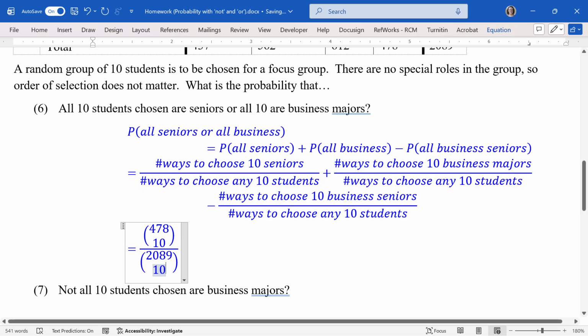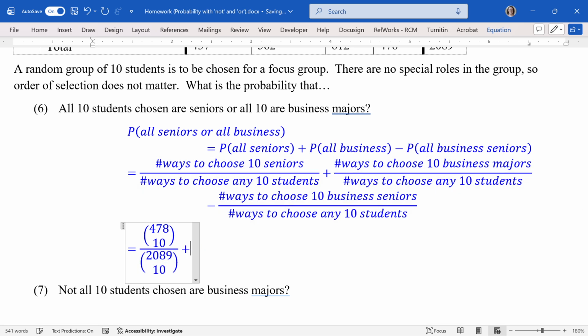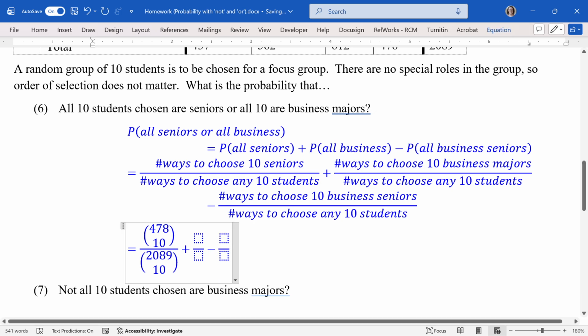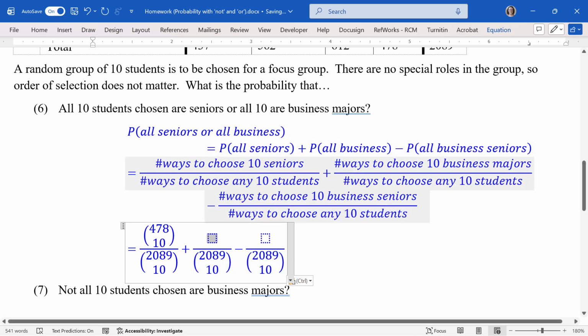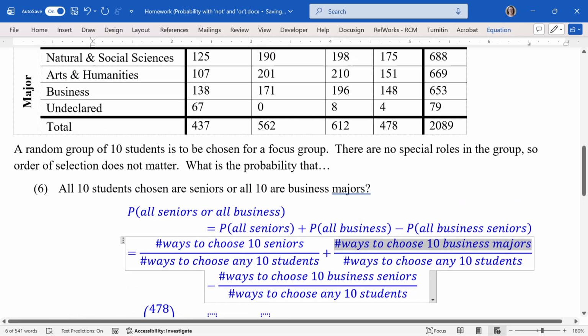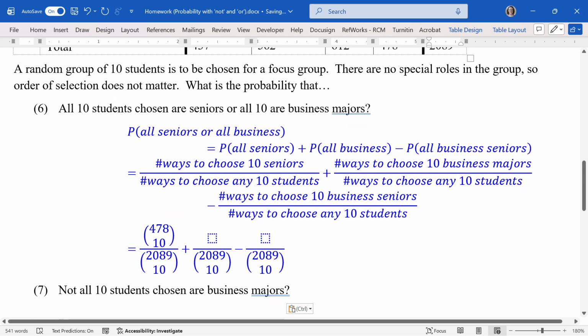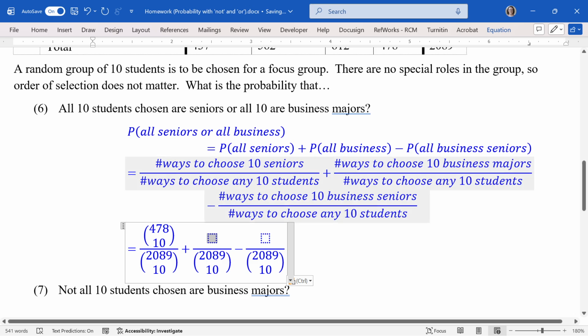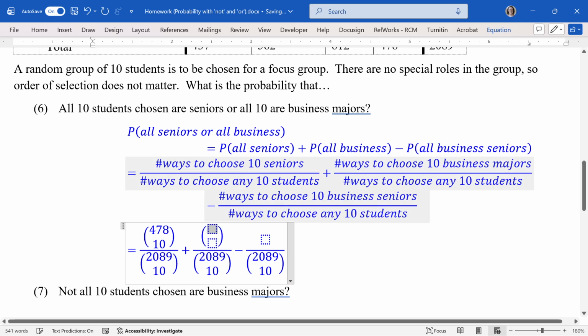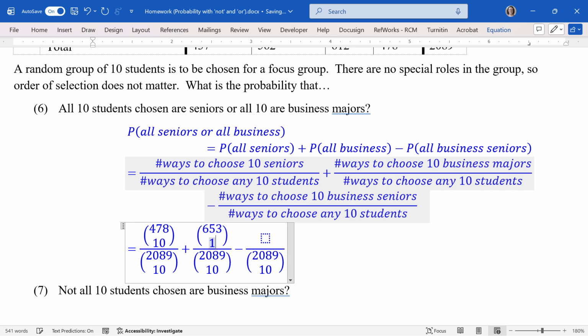All right, and then the next two fractions are going to be similar to this. So the denominator will be the same for each of them. So let me just copy that. And then on the top here, I'm trying to do the number of ways to choose 10 business majors. So business majors, I have 653 of them. So this will be 653, choose 10.